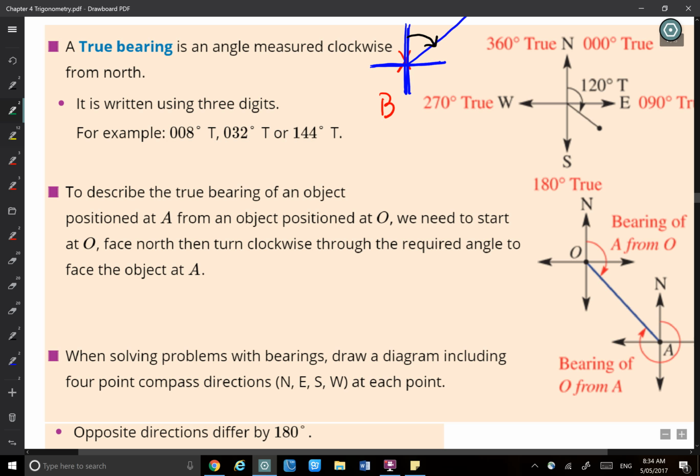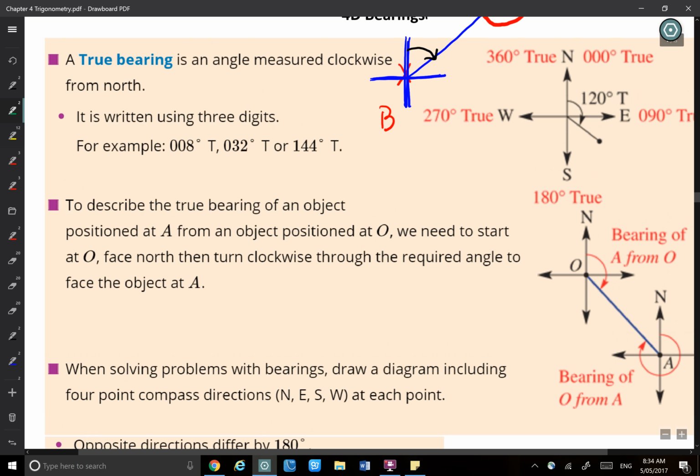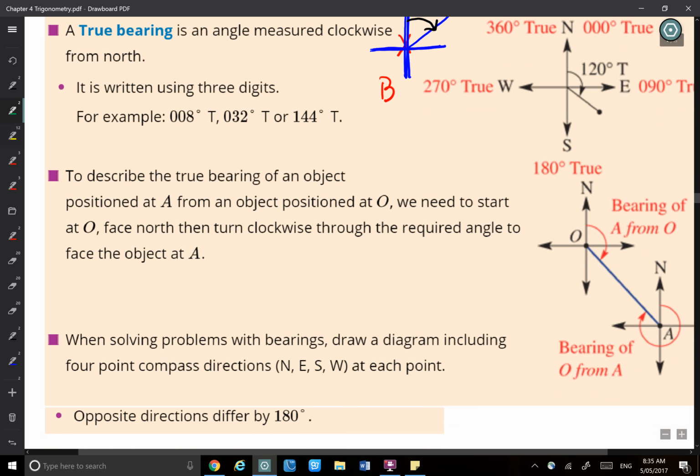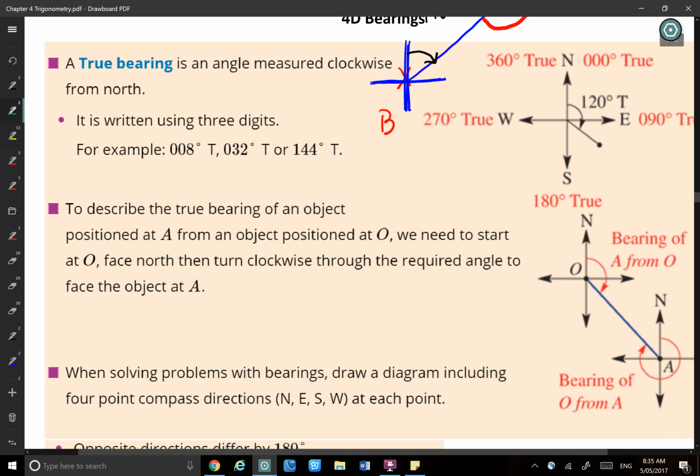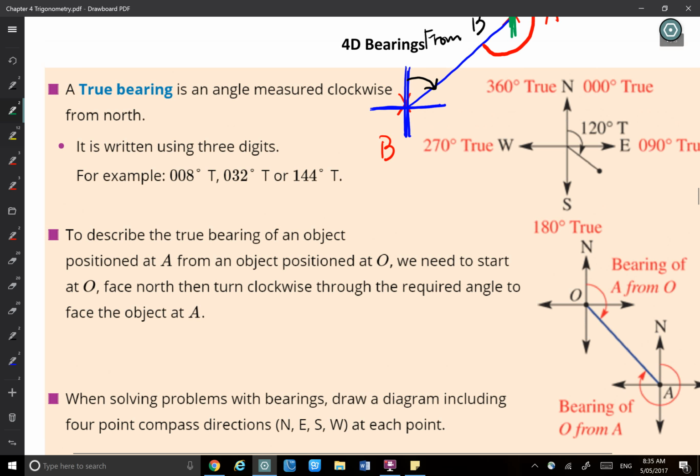We have another type of bearing as well, but in high school we only learn the true bearing. We can also talk about northeast, like north 30 degrees east or south 30 degrees west, but that is a different way. True bearing is always measured from the north until you meet the line connecting the two objects.